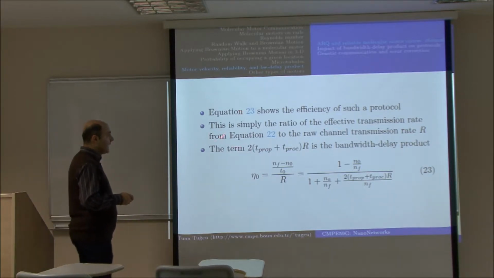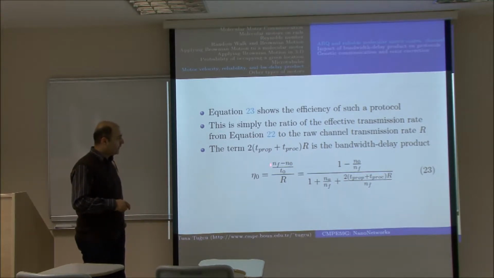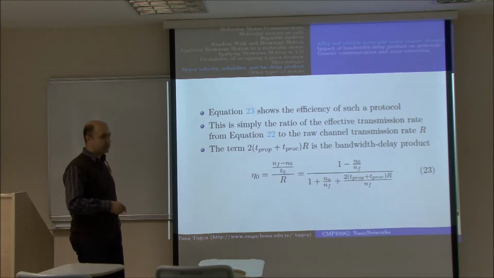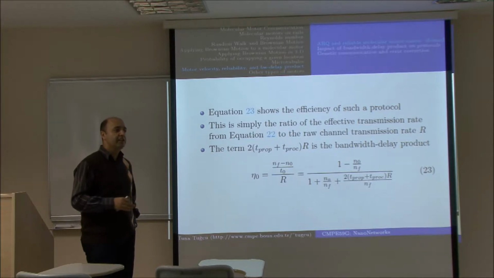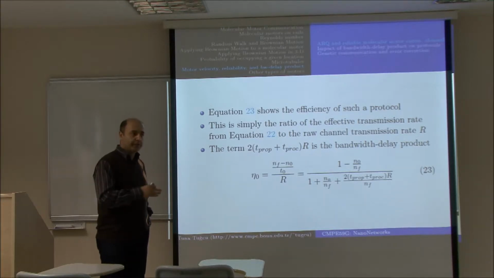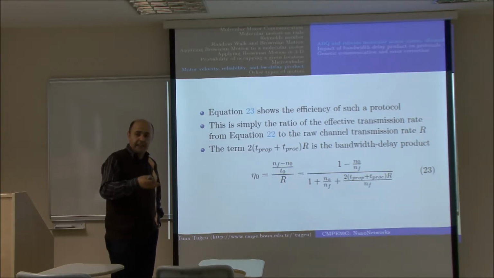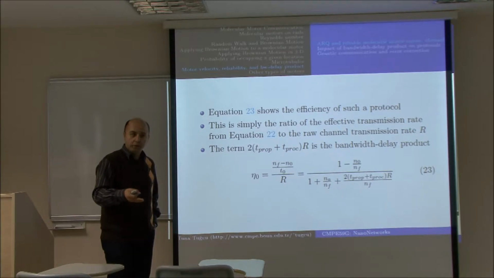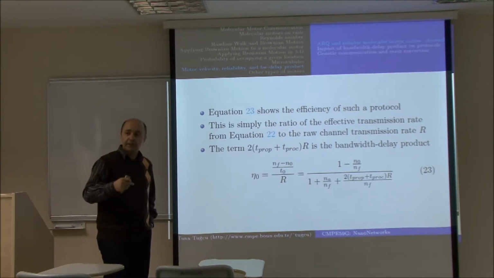Then we can define the efficiency of the protocol as the effective transmission rate over the raw data rate of the channel. In the raw data rate, we are not differentiating between useful bits and the overhead bits. We are not differentiating between the time you're really sending a frame or a bit, or you're avoiding transmission until, for example, the acknowledgement arrives.